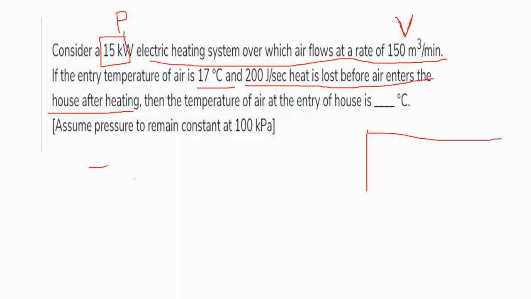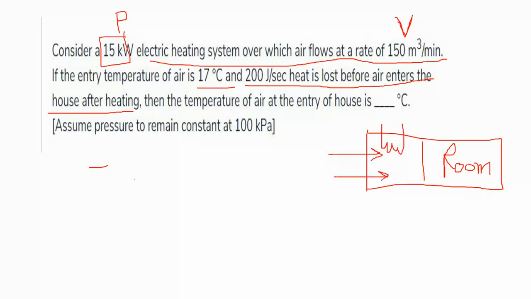So let me simplify it for you. This is the room, and here the heater is placed. The air is coming, it is getting heated and entering into the room, but after heating and before entering, that means at this location, there is a loss of heat.